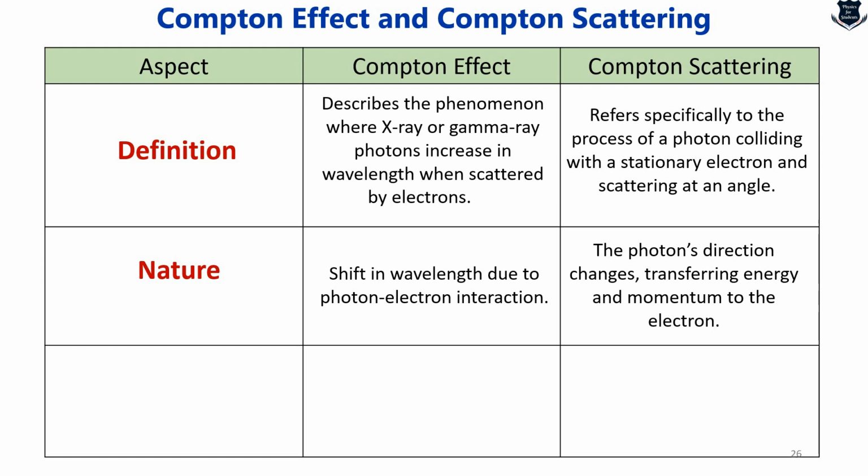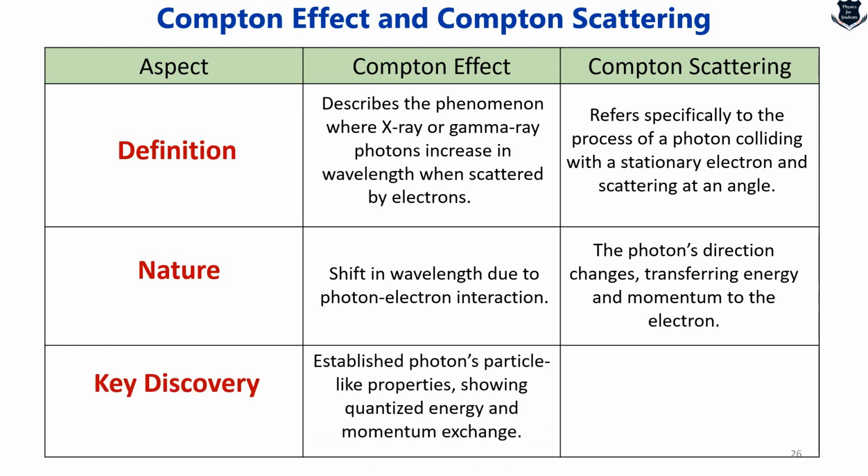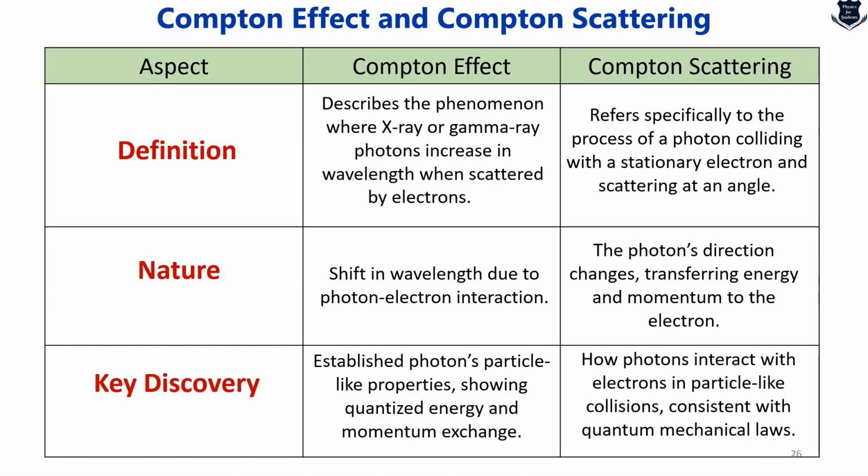It provides some energy to the electron. The key discovery is that the Compton effect established photons' particle-like properties, showing quantized energy and momentum. Compton scattering shows how photons interact with electrons in particle-like collisions consistent with quantum mechanical laws.